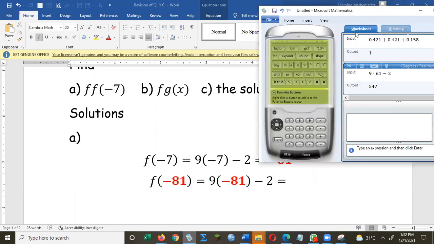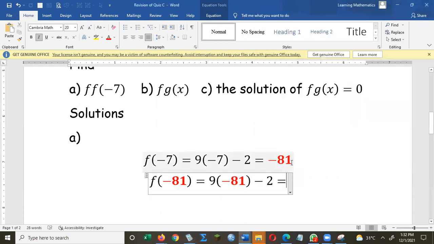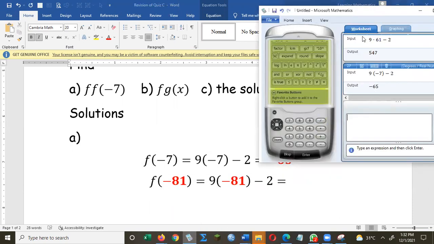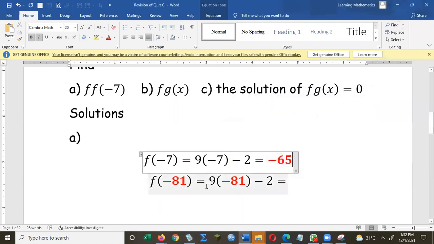So we're getting different answers. So all you simply do is say 9 times negative 7 minus 2, negative 65. So please be careful. All right, here it is, negative 65. That's what I get. Okay, so please be careful.